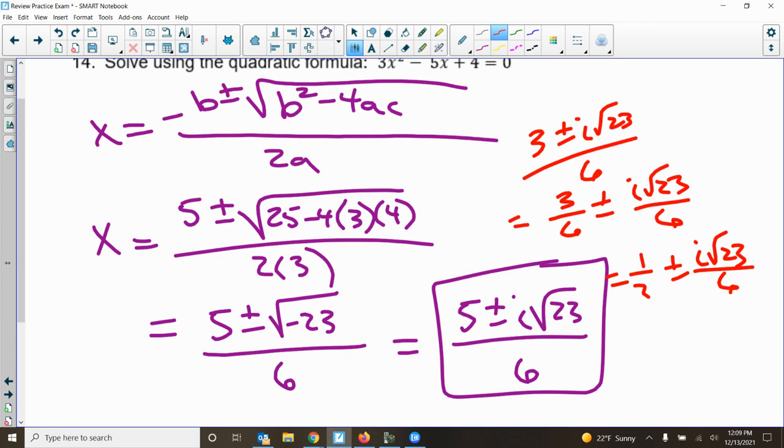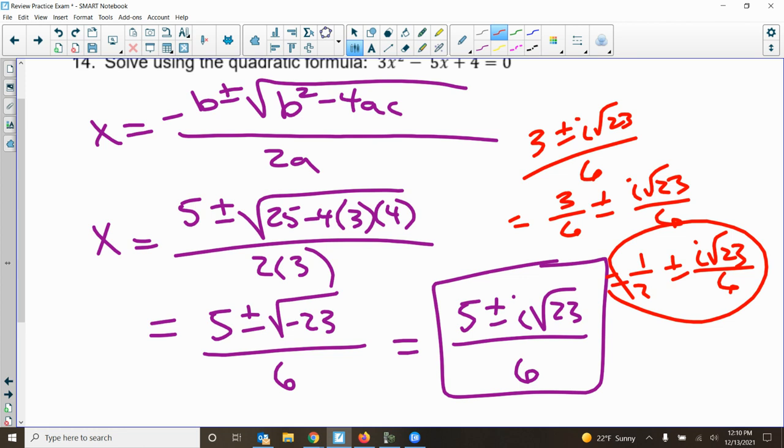You could do that. But in this case, even if it were 3 plus or minus i radical 23, which it is not, right? If you're watching the video at home, that's not what the answer is. But if it were, I don't know how much simpler this looks than this. Does that answer your question? Yeah. Thank you.